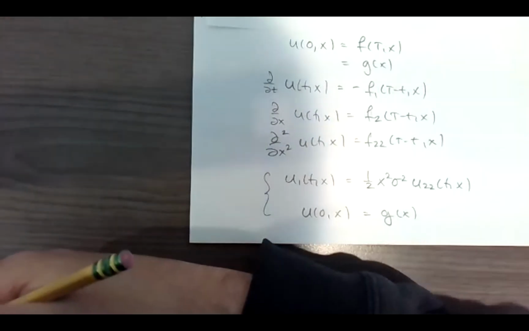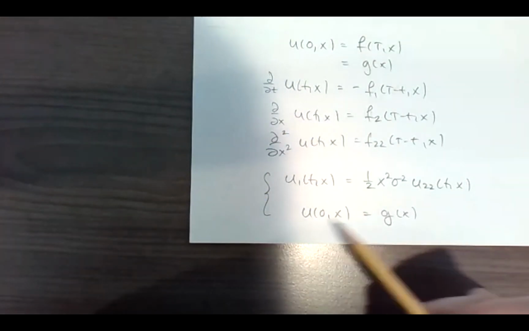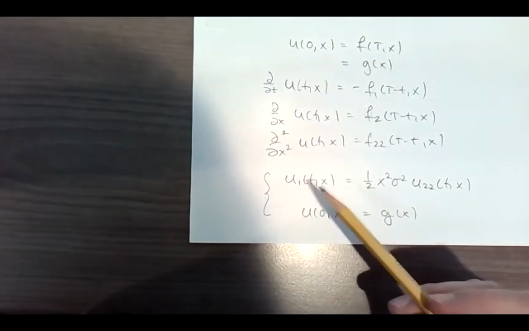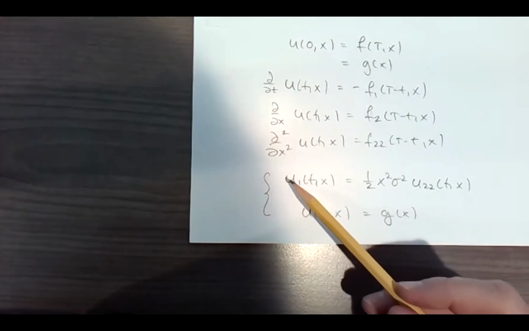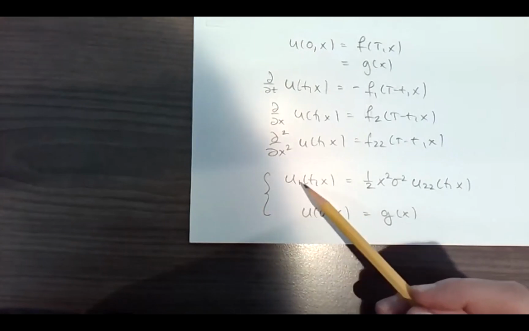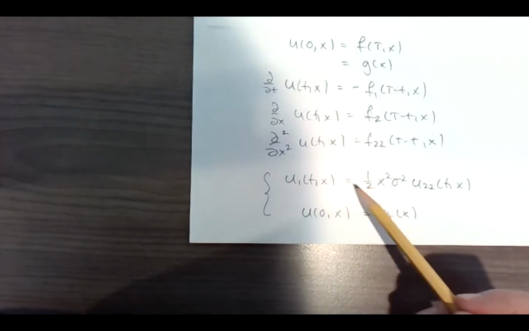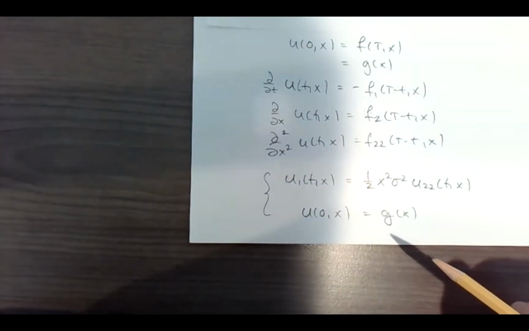So that's often used. Instead of having the terminal condition here, you'll have an initial condition, and the price you're paying for that is you have to put a minus sign in front of the time derivative, and that allows you to move the time derivative to the other side.